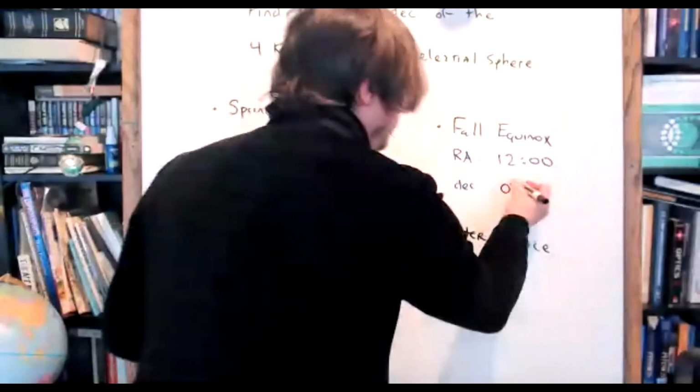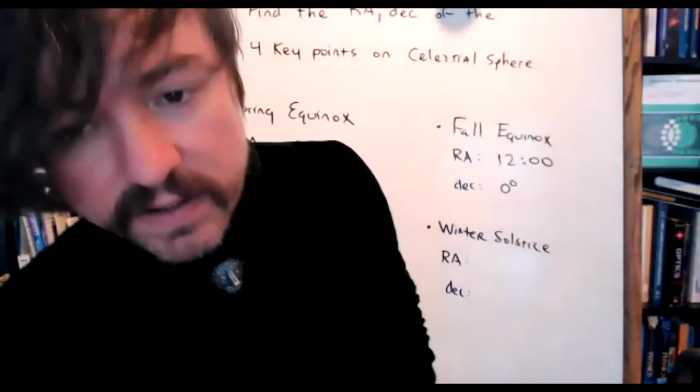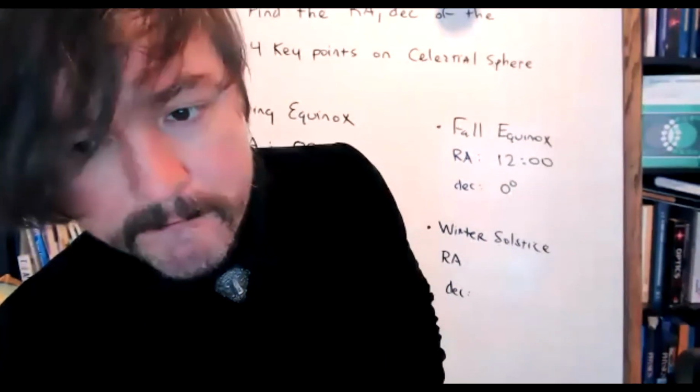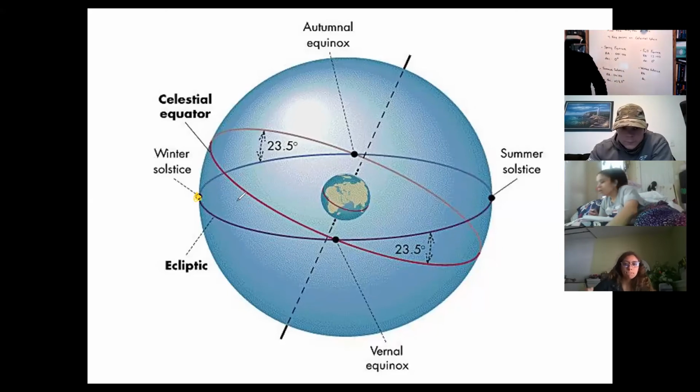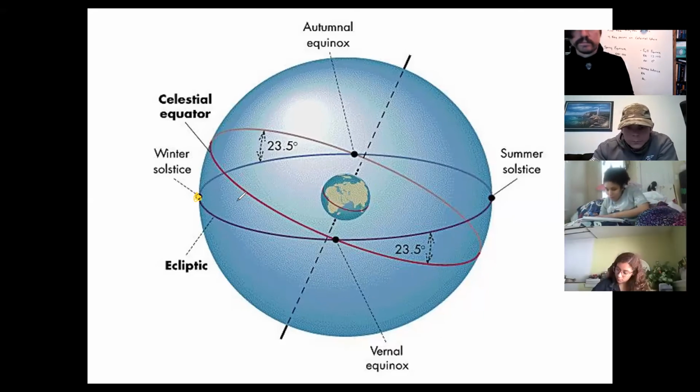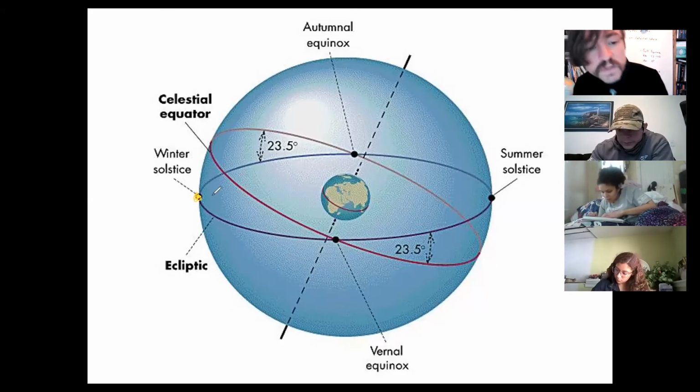Okay, someone besides Eva and Ryan and Jenna, can you get the winter solstice for me? What would this one be? 1800 and 23.5 degrees negative. Excellent.